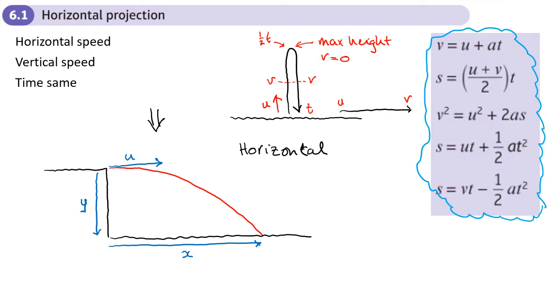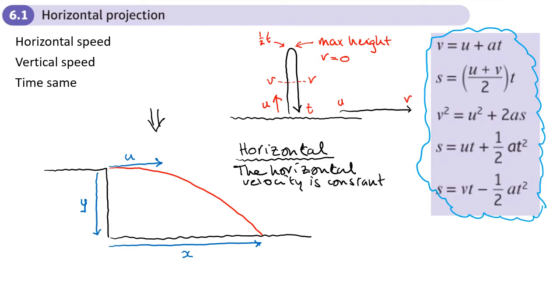It wouldn't seem to be speeding up or slowing down. That's something really important when we have projectiles in 2 dimensions: the horizontal velocity is constant.